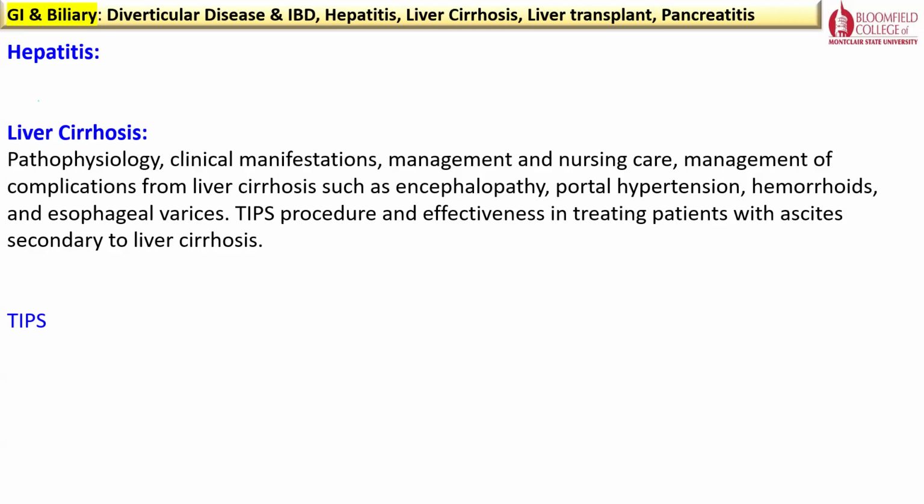Patients with liver cirrhosis tend to develop a complication called esophageal varices, and the TIPS would be one of the surgical interventions to treat the complication and to lower the portal hypertension and lessen the pressure within the portal vein, which eventually is going to treat or prevent the esophageal varices, or at least lessen the intensity of the bleeding and hemorrhage associated with esophageal varices.